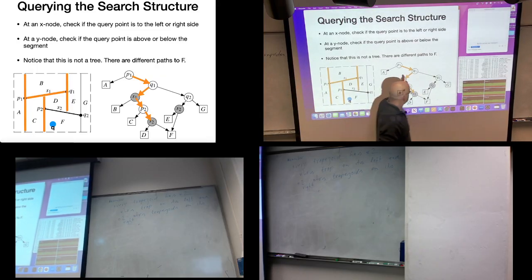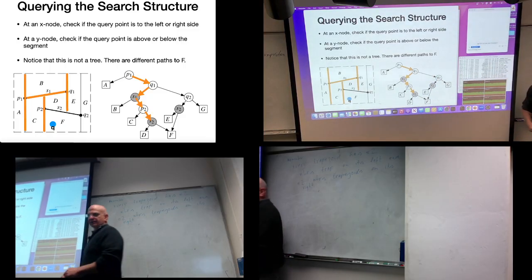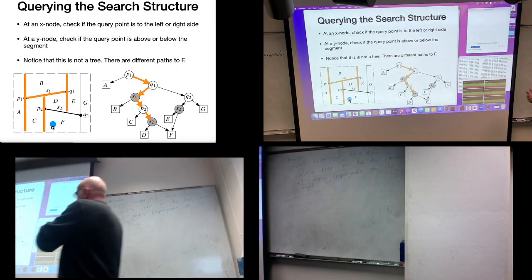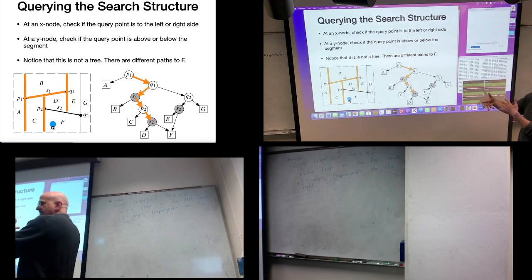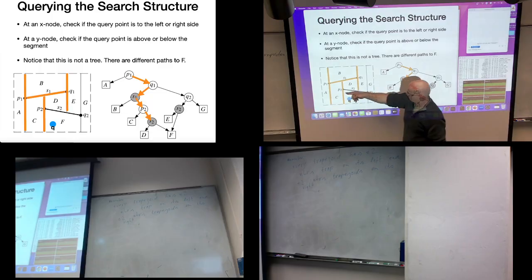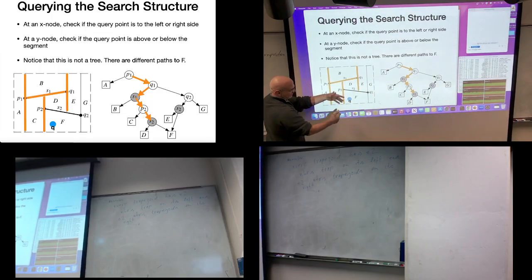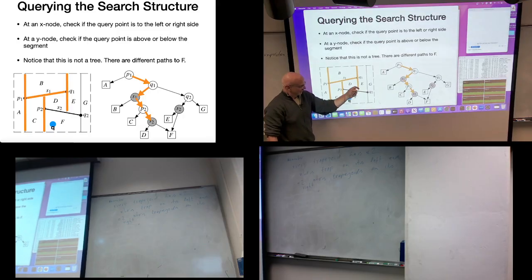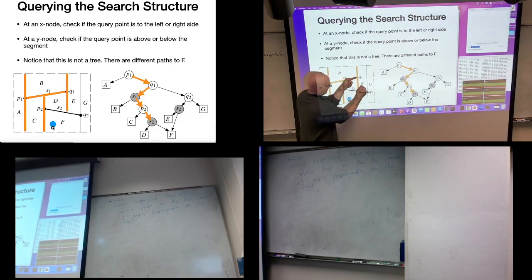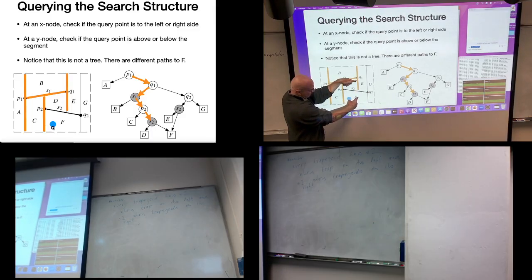And F was a good example because I can reach F via different paths, which makes sense, right? It would have been very strange if I couldn't reach it through different paths, given that a split by the X value doesn't really split the image into left and right, because there are regions like F. If I split by Q1, part of this trapezoid is on the left of Q1, part of the trapezoid is to the right of Q1.